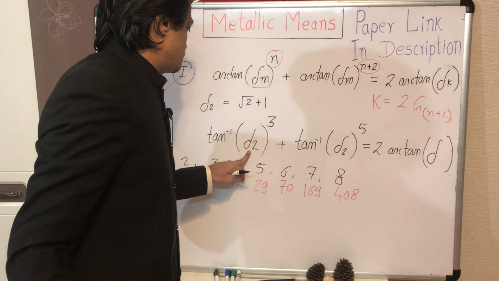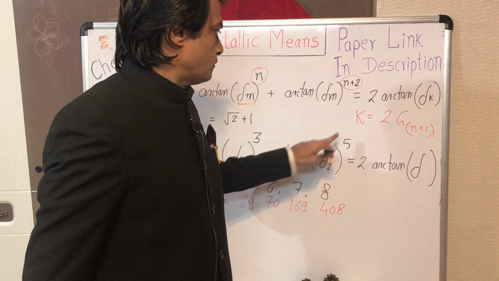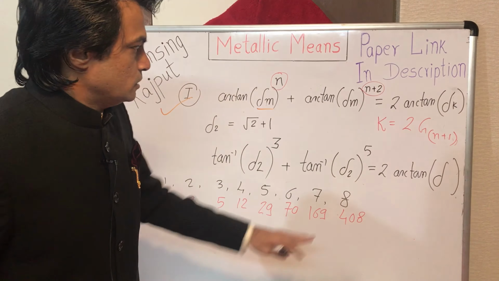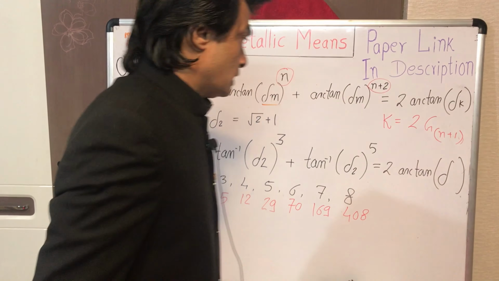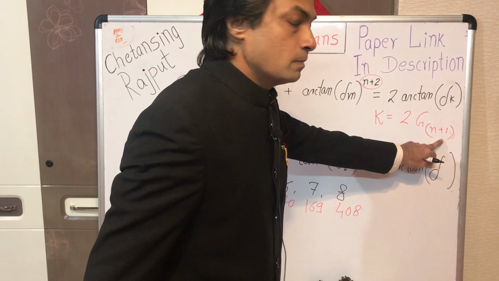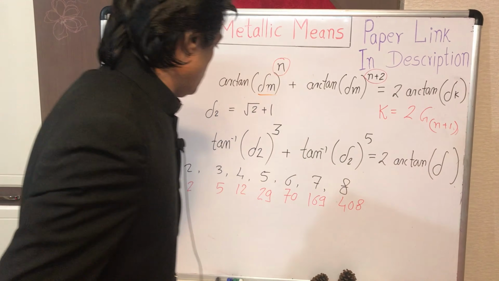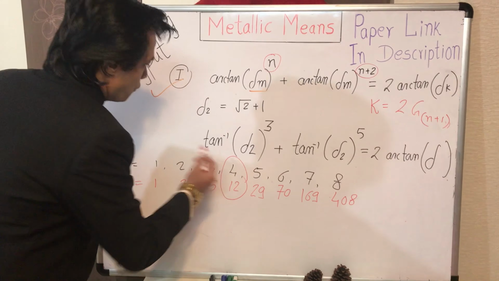And see here, the arctangent of the third power of the silver ratio plus the arctangent of the fifth power of the silver ratio will give us twice the arctangent of the kth metallic mean. And what will be the value of k? Twice the (n plus 1)th term of the Pell number sequence. n is equal to 3, n plus 1 is equal to 4.